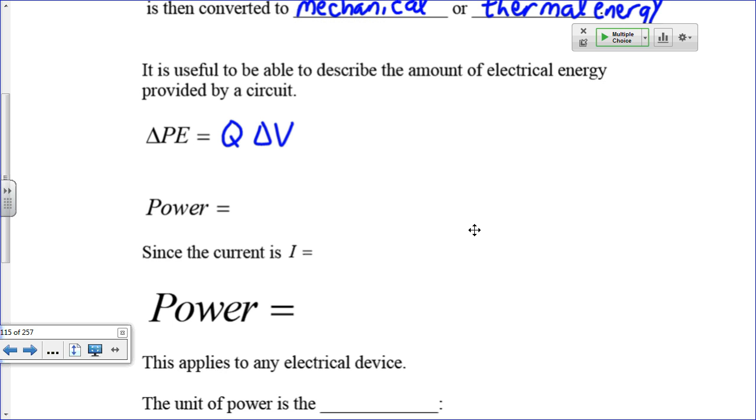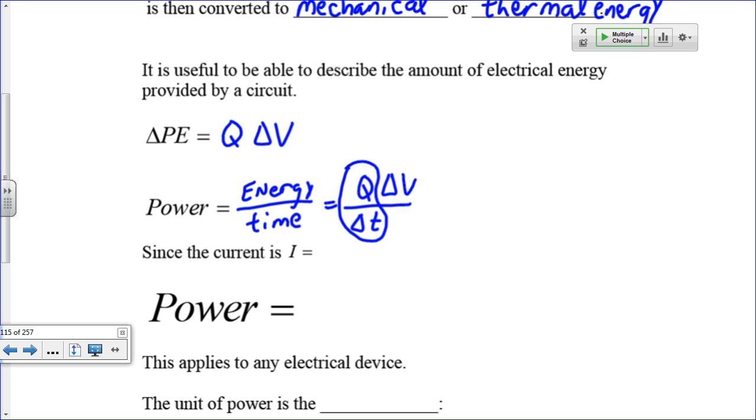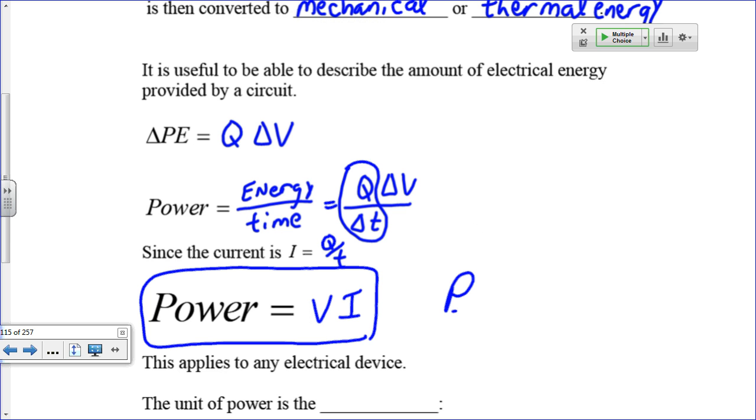Since power is just energy over time, that's Q times delta V over delta T. But since we know that current is Q over T, I get our expression for power, which is just V times I. So our power, uppercase P, is equal to V times I.